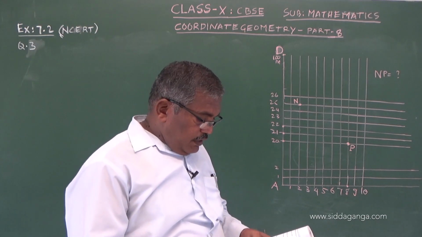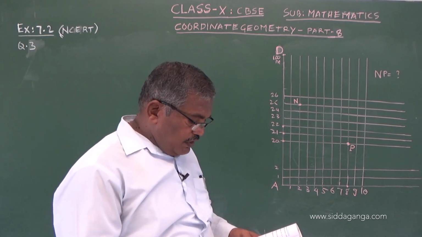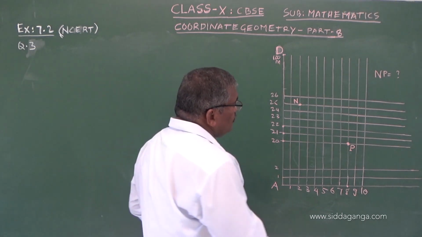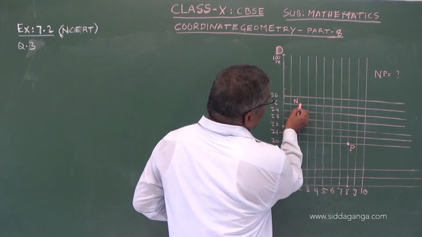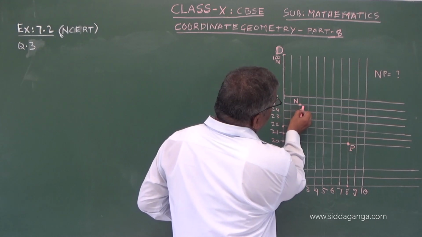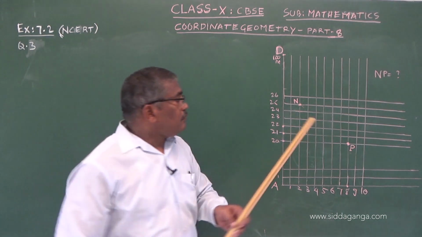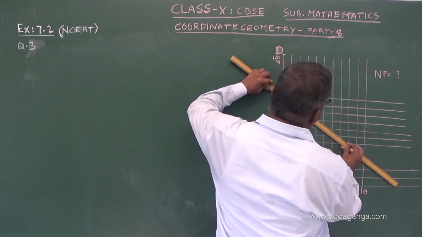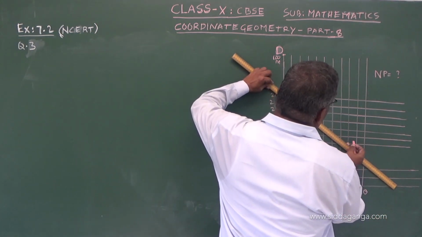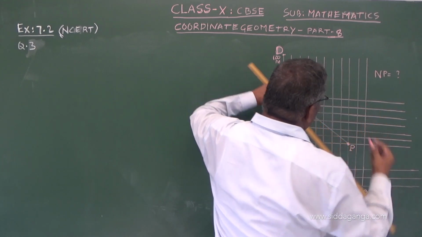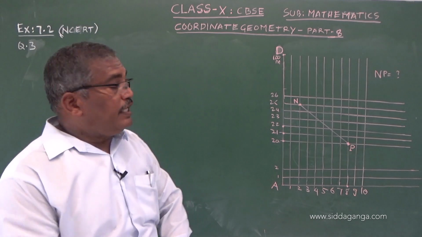If Rashmi has to post a flag exactly halfway between, suppose this is the line, imagine this is a straight line. I will join with the scale. So now the question is, this is a straight line.